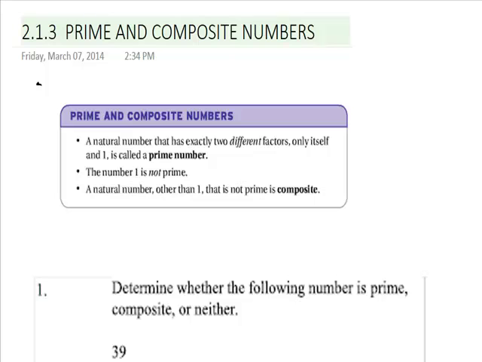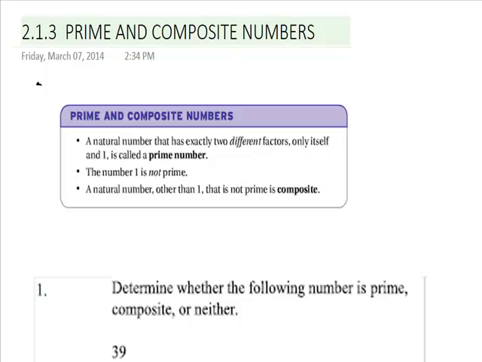That's just a definition. A natural number or a counting number other than 1 that is not prime is called composite. So all of our counting numbers, 1, 2, 3, and so on, are either prime or composite, with the exception of the number 1, and it is neither prime nor composite.